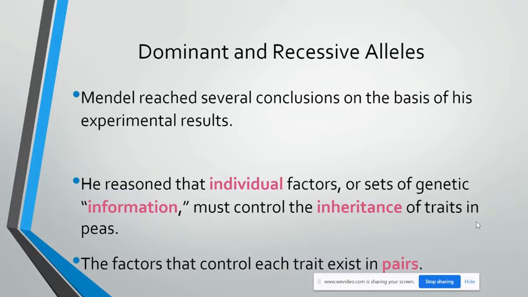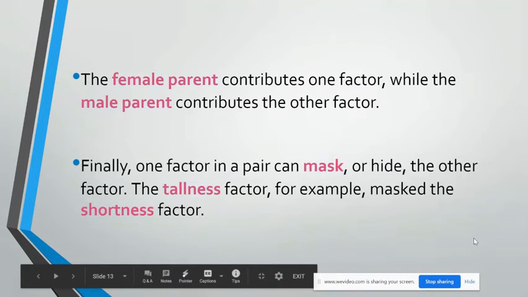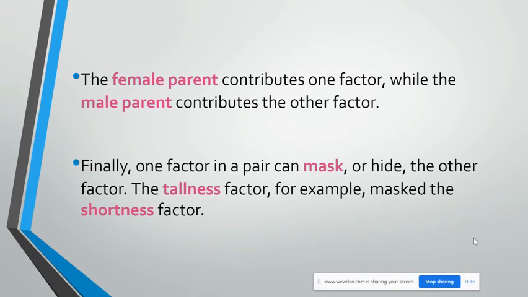So some of his conclusions, he reasoned that individual factors or sets of genetic information must control the inheritance of traits in peas. So the factor that then controls each trait exists in pairs. The female parent contributes one factor, while the male parent contributes the other factor.